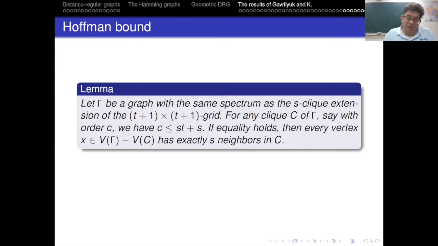If you know the order of the independent set of the complement of gamma, then you know an upper bound for the clique of gamma, and if every vertex outside the independent set has a constant number of neighbors inside the independent set, then we get equality.